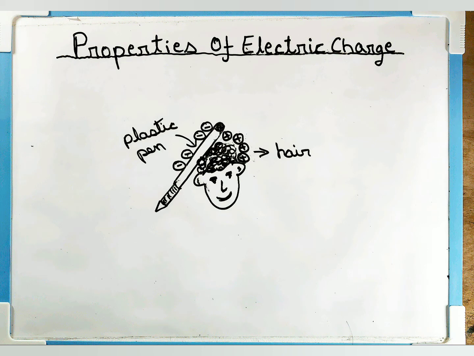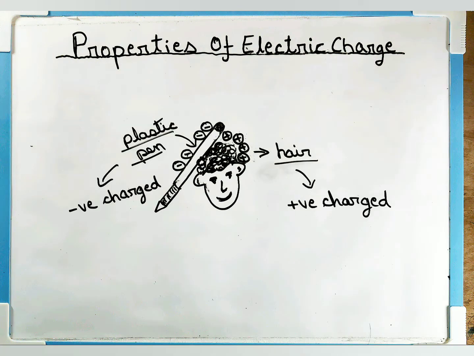So if the plastic pen has an excess of electrons, then it is said to be negatively charged. And my hair, since it has a deficiency of electrons, or has lost electrons, is said to be positively charged because it has more protons in it. So any object which gains electrons is said to be negatively charged, and any object which loses electrons is said to be positively charged.